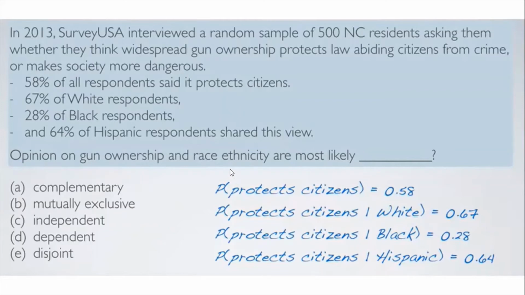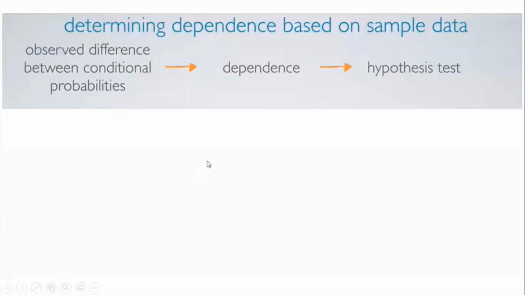In our case, it is associated, the same as dependent. In statistics, we call it dependent. How do we determine this based on data? We calculate something called conditional probability, what we saw earlier, the probability of A given B.